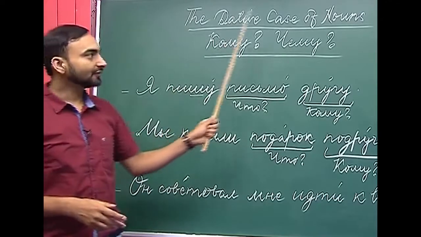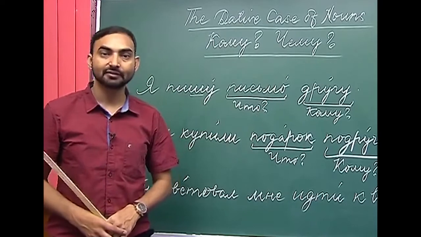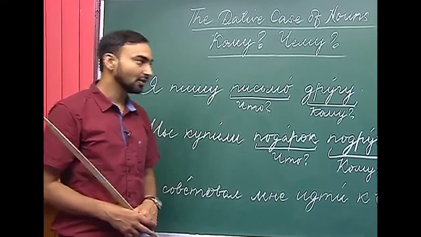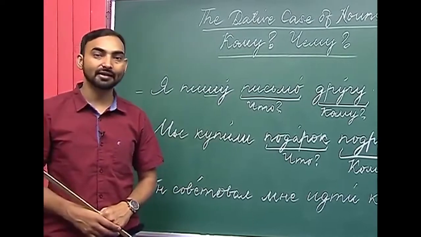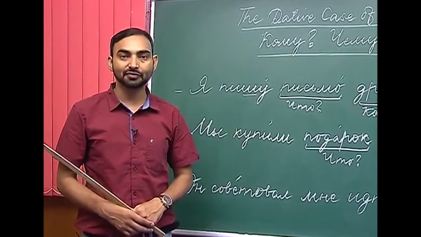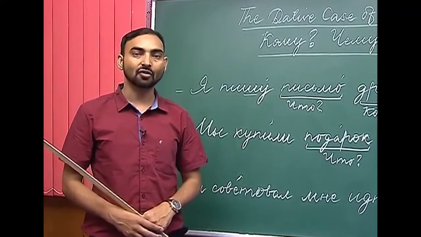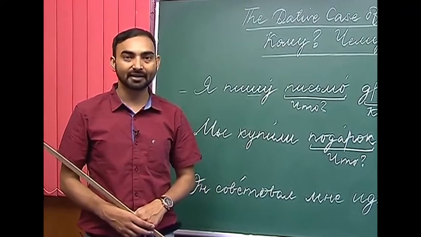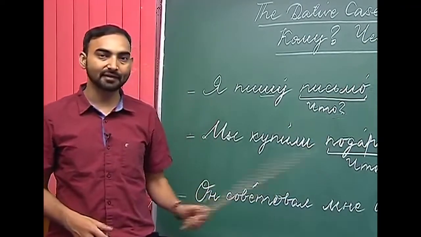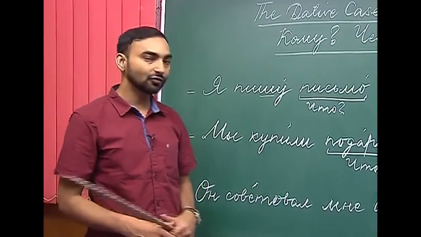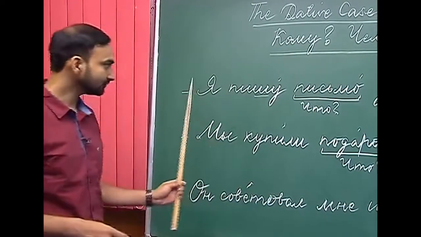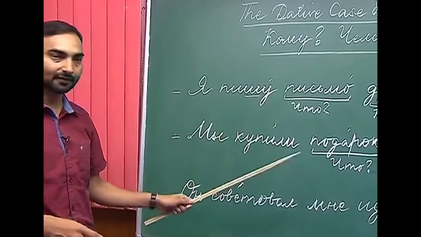The dative case of nouns without prepositions denotes indirect objects in a sentence. We have discussed what direct objects are. Now, we are saying that the dative case denotes the indirect objects. So, how do you understand the term indirect objects? Let us look at some examples and it will be clear how we define indirect objects in a sentence. I have written a couple of sentences.